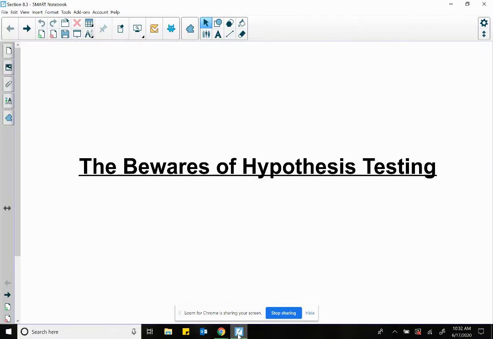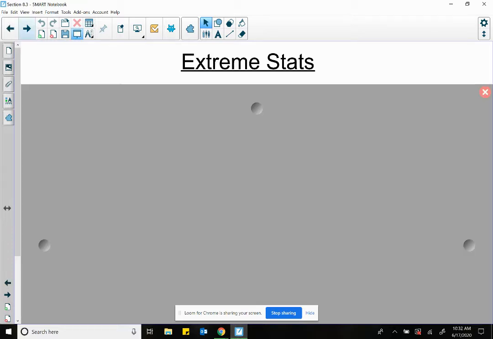So let's talk about some of the bewares of hypothesis testing and refine our knowledge on it just a little bit more. Okay. So we have extreme stats. What they're talking about here is a relationship between the p-value and the z-statistic.